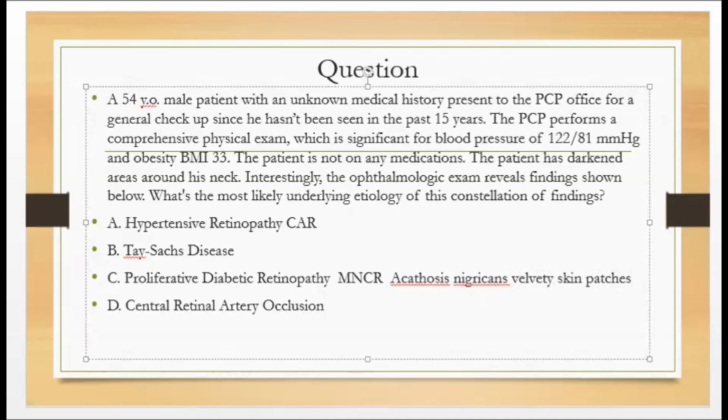So it's associated with one type of complication. The answer is diabetic retinopathy. It cannot be hypertensive because this patient is obese. This patient has diabetes. So all of this is pointing you to diabetic retinopathy, not hypertensive.